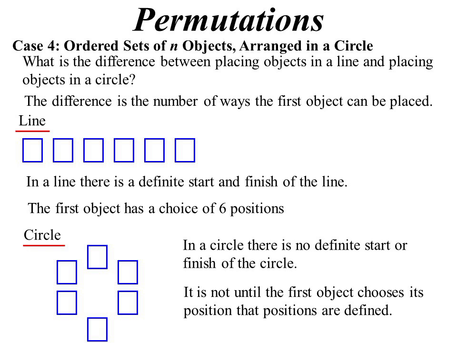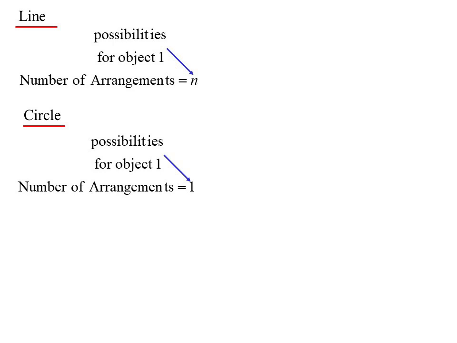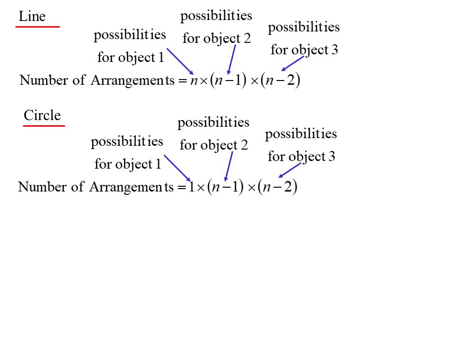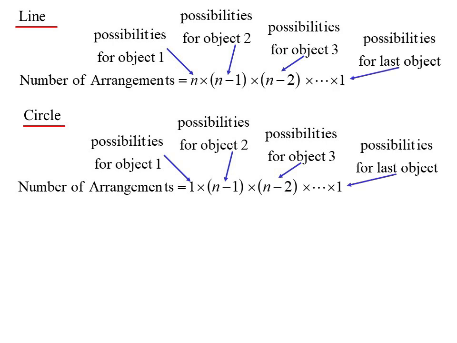Now, what does that mean? First object: there are n possibilities if we're putting it in a line, whereas in a circle, 1 possibility. Second object: n-1 possibilities in the line, but also n-1 in a circle. And then n-2, and so on until we place that last object. Essentially the same, except for that first object.